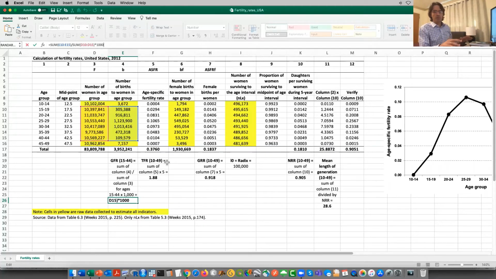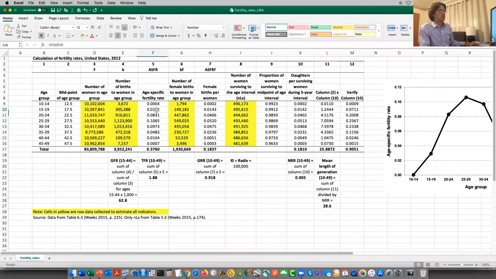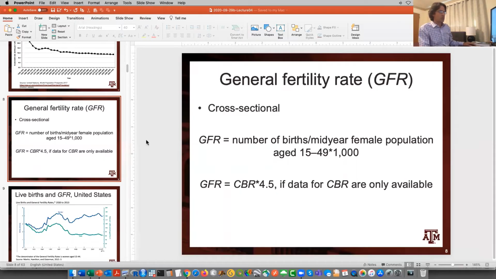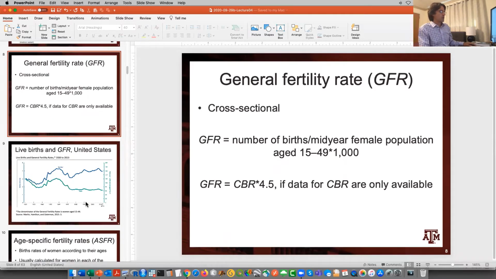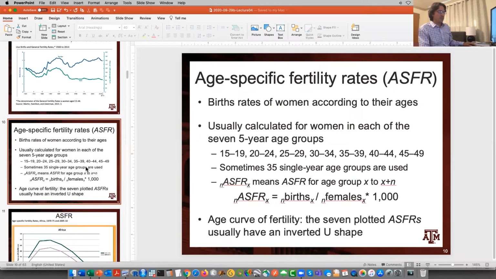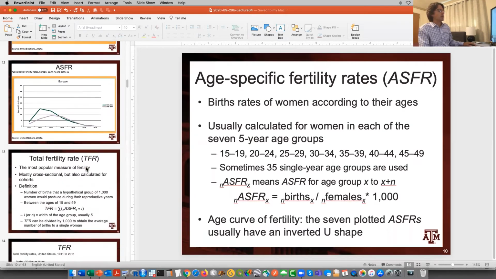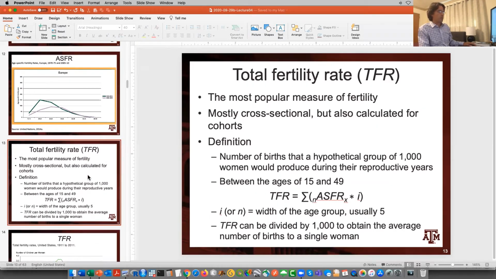It's a simpler estimation because we're just getting the overall number of births of those women and dividing by the overall number of women. The age-specific fertility rate does that division for each one of the age groups, right? So the 62.8 here, we pretty much just implemented this formula, and then we did the age-specific fertility rate, and then we did the total fertility rate.